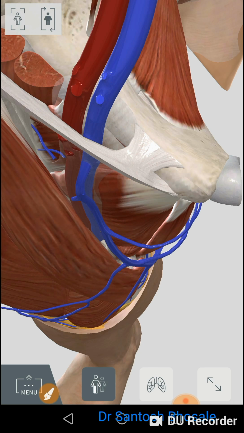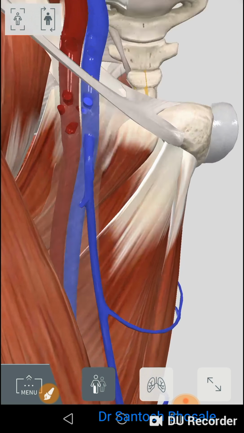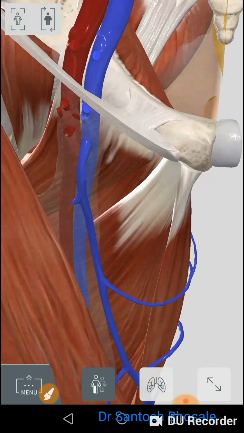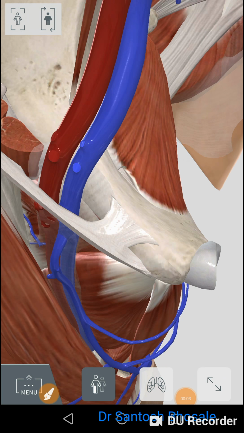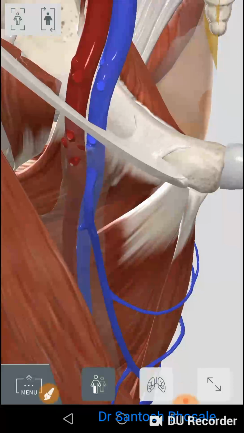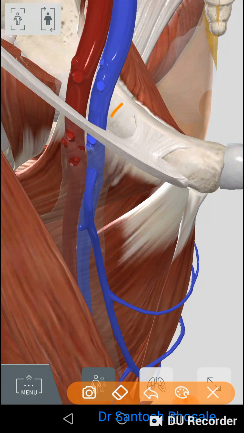And the medial compartment is called the femoral canal. You can make out here, the femoral ring will be here, and here is the femoral canal, the medial most compartment of the femoral sheath.